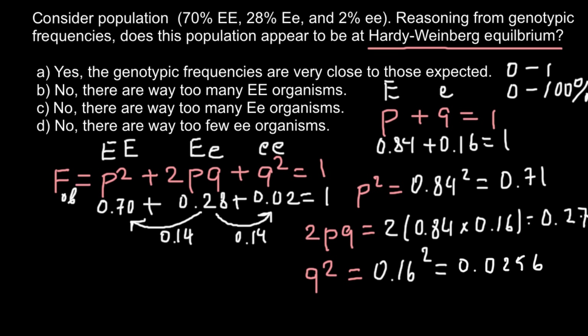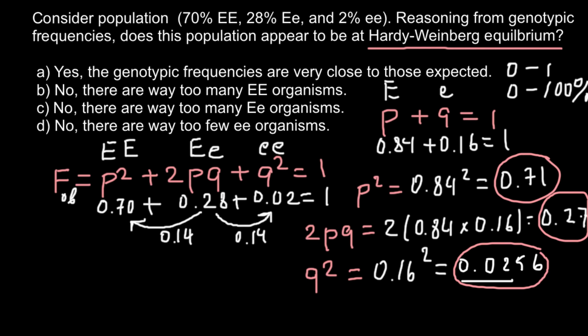As you see, this is close to 0.02. So if we add all these frequencies, once again, we are going to get a number that is very close to 100%.